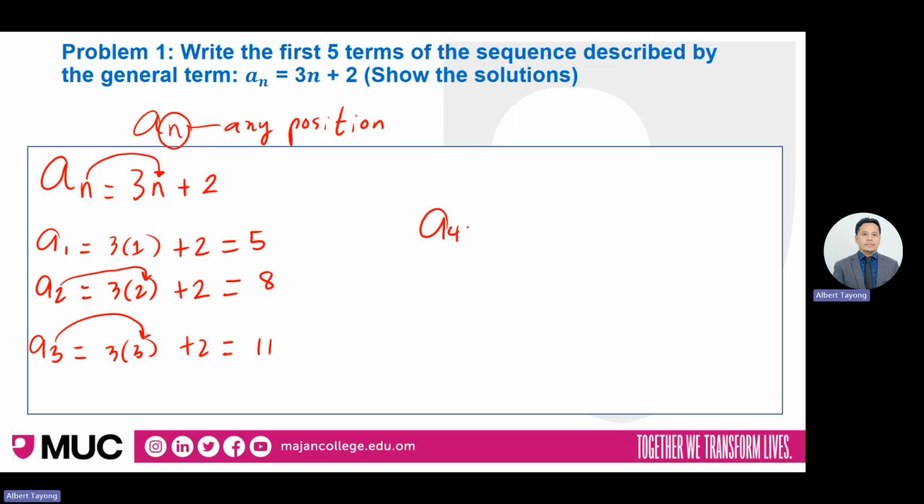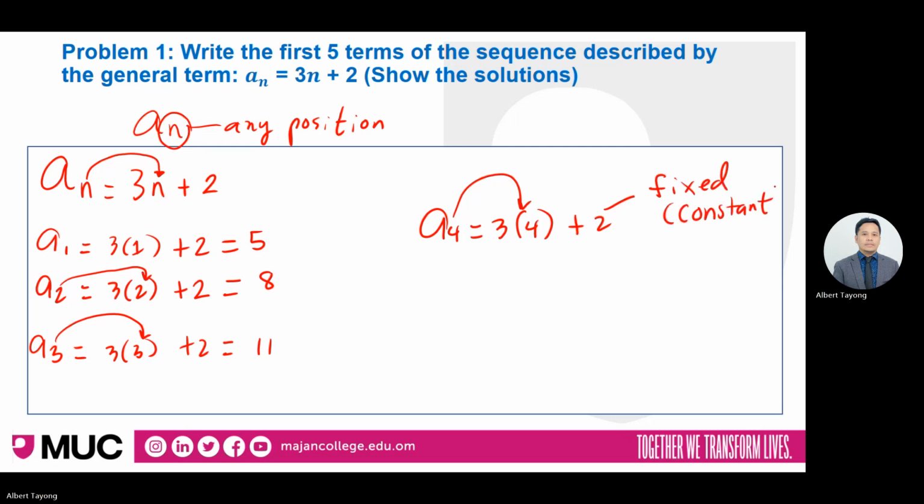And our a sub 4 equals 3 times 4 plus 2. Okay, this one is fixed or constant. It's not changing, because there's no variable here. So our a sub 4 is equal to 14, that is 12 plus 2.